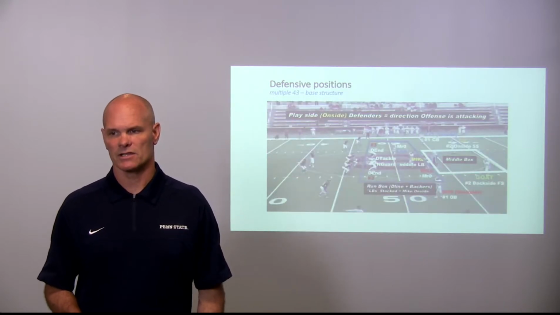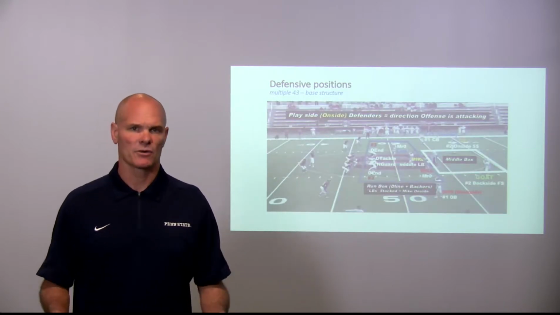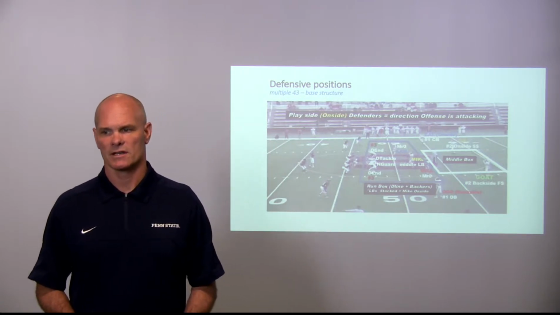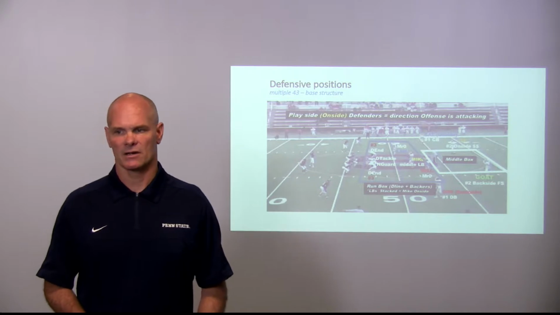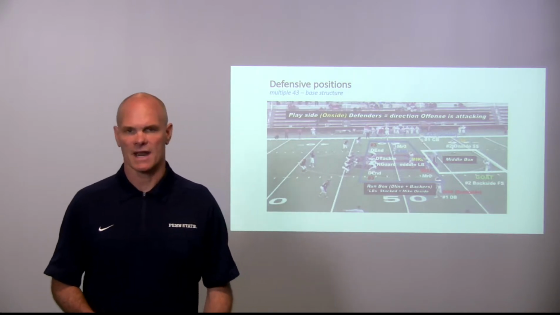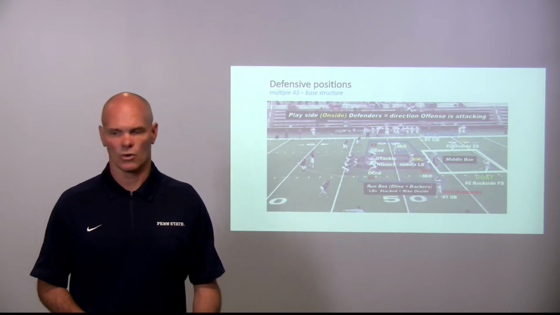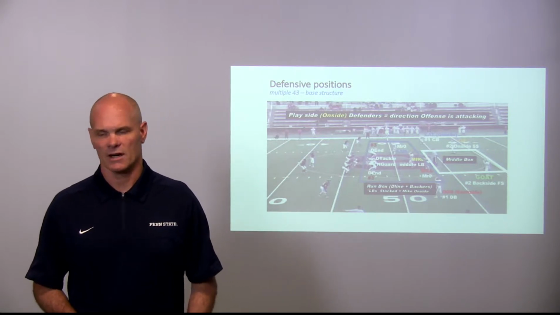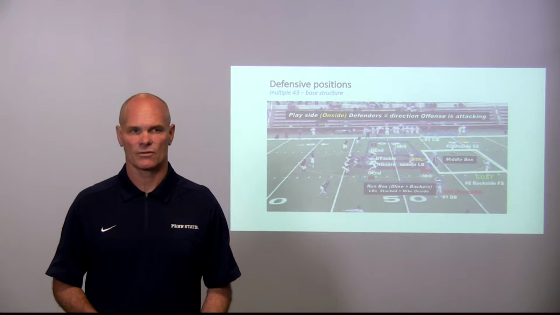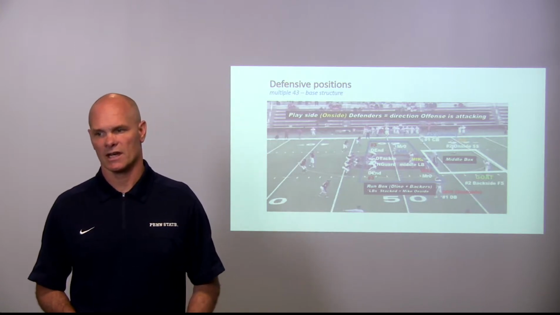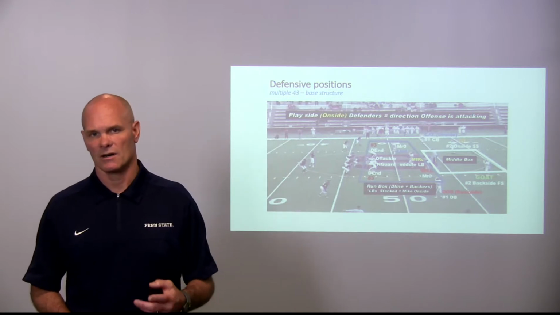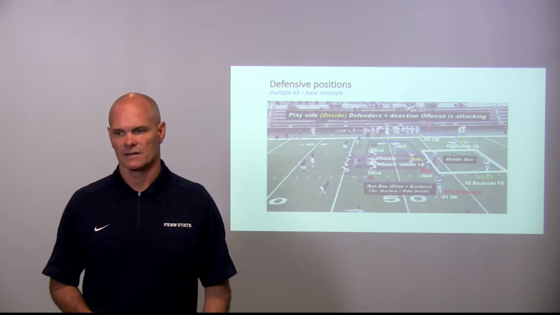For defensive positions and terminology, everything we look at from a defense comes from a 4-3 cover 4 base. So we'll have a Mike linebacker in the middle, and then the Sam becomes a strong linebacker, the Will the weak linebacker. On the secondary, we like to label our cat as our strong side corner and our dog as our weak side. Our ox is our onside corner, and our goat is our weak side or backside safety.